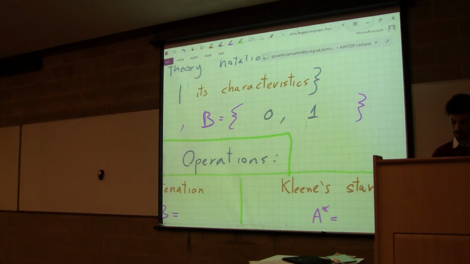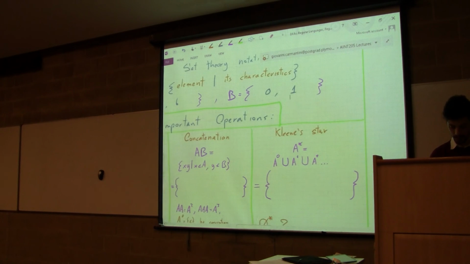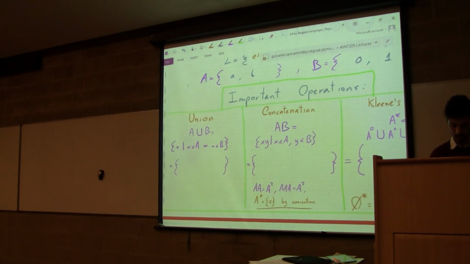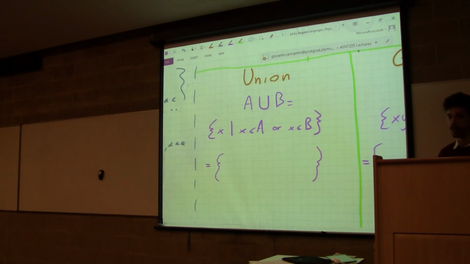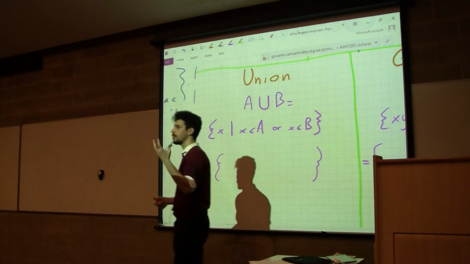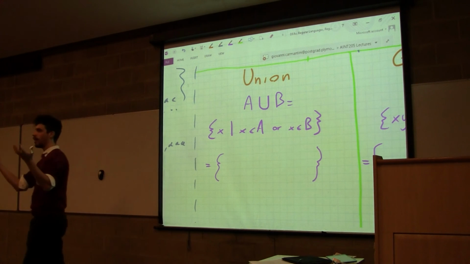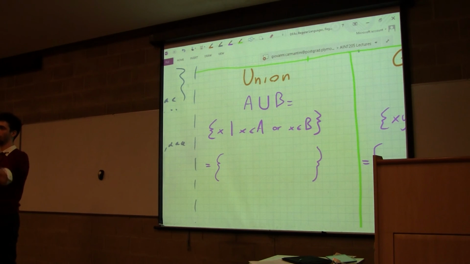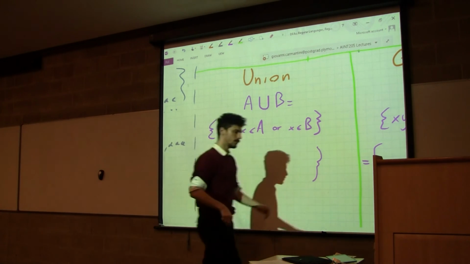So they're finite sets. That's all right. And now we do the operation. The union operation, what does it mean? You get all the elements of one set, you get all the elements of the other, and you put them together in one set. If there's one element that is in both sets, there will be only one in the new set.